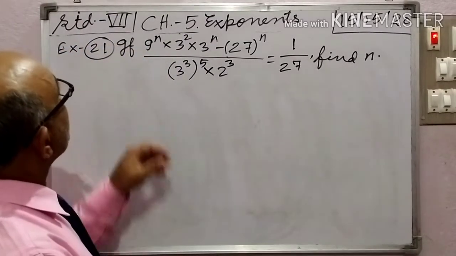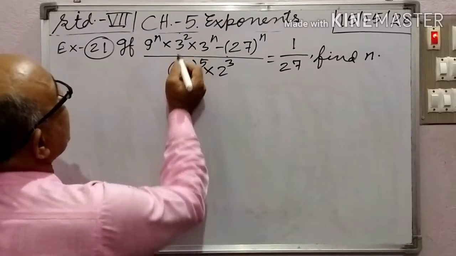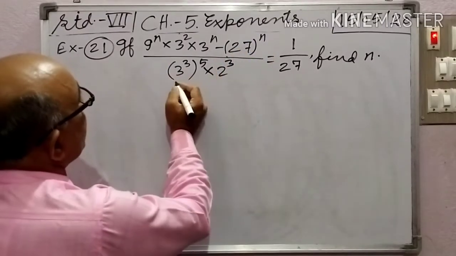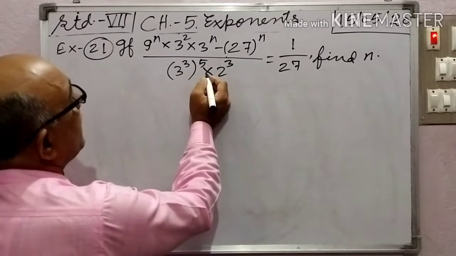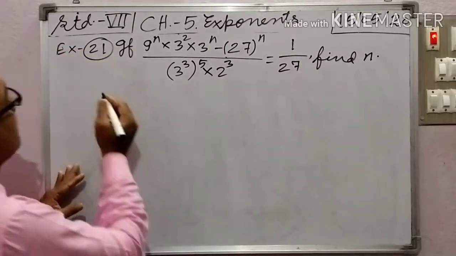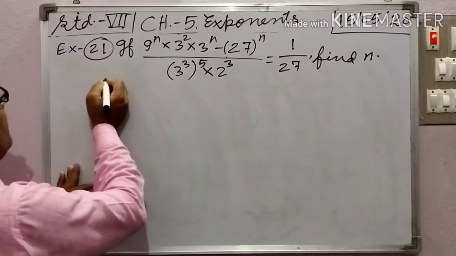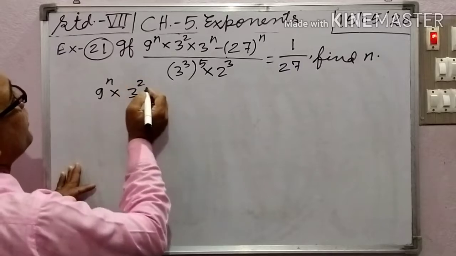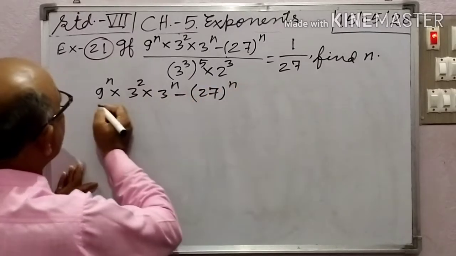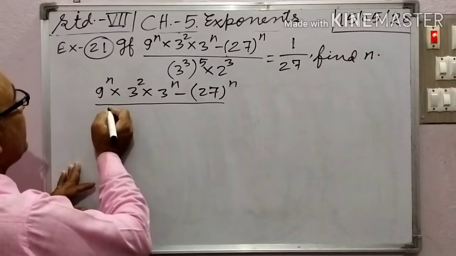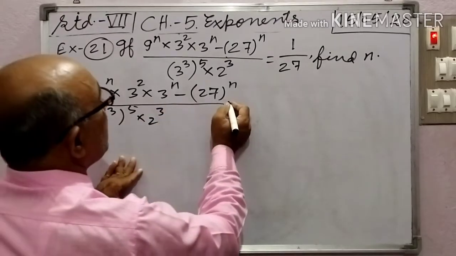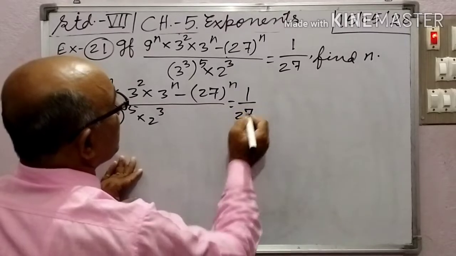If 9 to the power n multiplied by 3 to the power 2 multiplied by 3 to the power n minus 27 to the power n, divided by 3 to the power 3 whole power 5 into 2 to the power 3, equals 1 by 27, find the value of n.